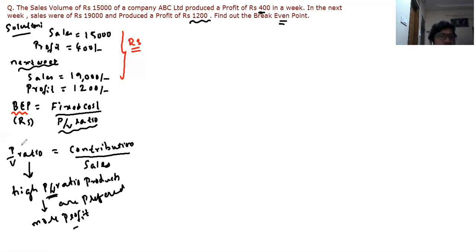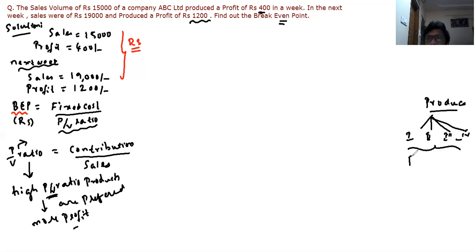Generally in an organization, there will be a relative comparison of contribution of different products, right? And if you take a product over different intervals, the P by V ratio is calculated corresponding to the product.